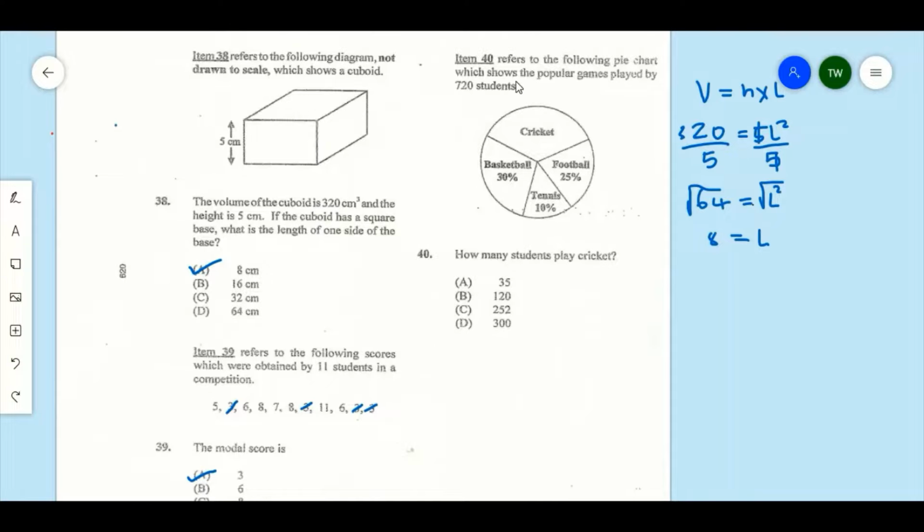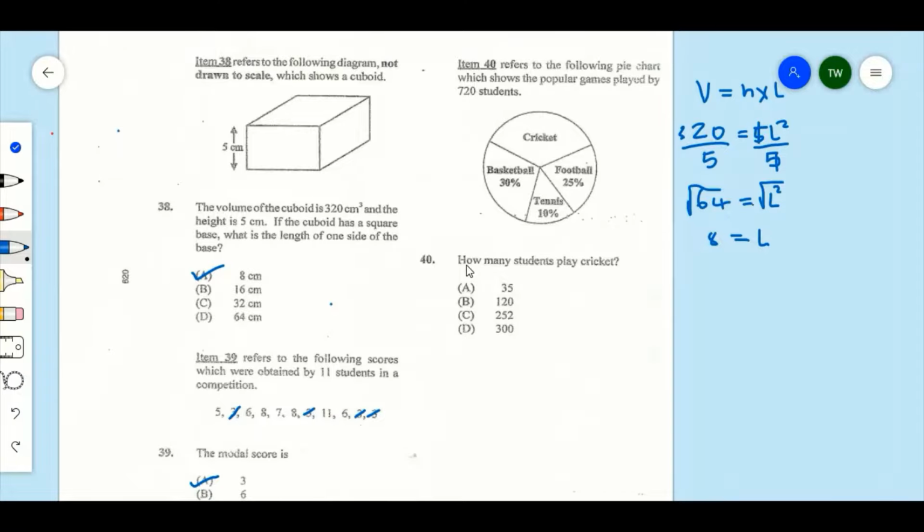Item 40 refers to the following pie chart, which shows the popular game played by 720 students: cricket, football, tennis, and basketball. Now, as a percent, 25% play football, 10% play tennis, 30% play basketball, which means that only 35% play cricket.